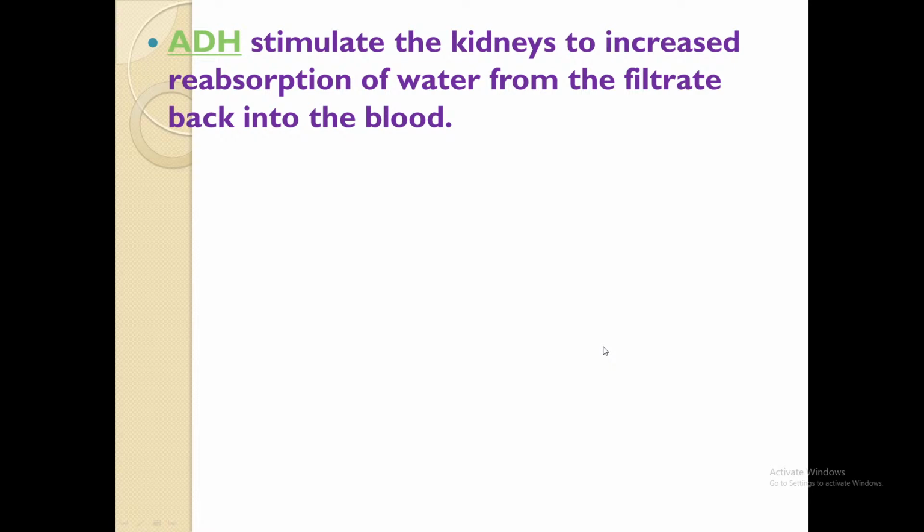So the kidney gets the instructions that it needs to take back some of the water and put it back into the blood. So this process normally takes place once you're not drinking enough water. Because let's say, for example, you are drinking enough water, then the kidneys don't need to do any reabsorption. So hence the amount of ADH that is produced will actually get less.